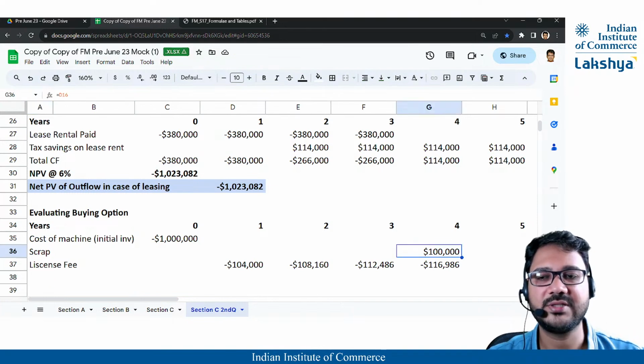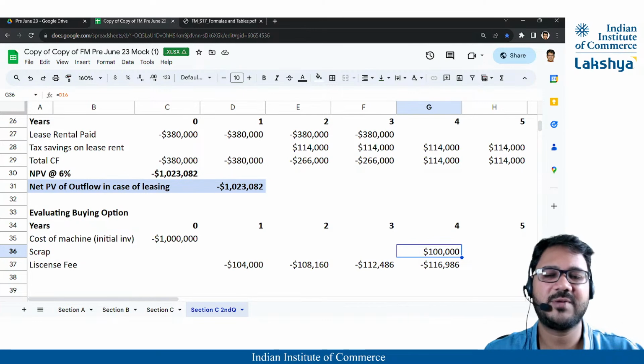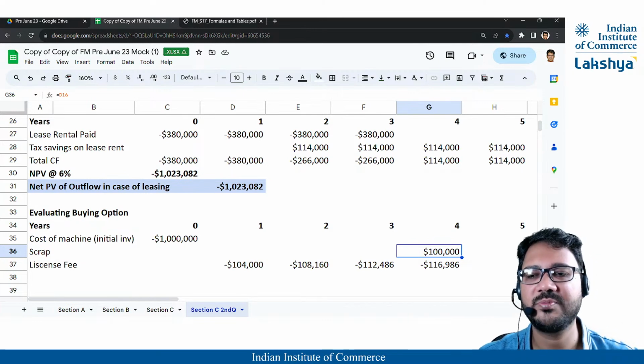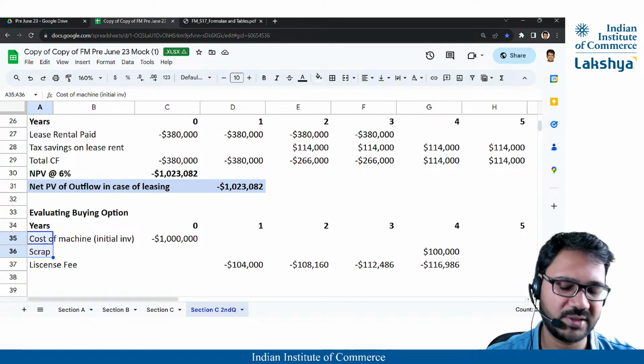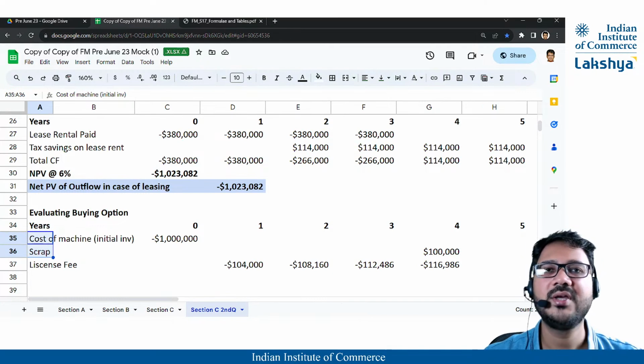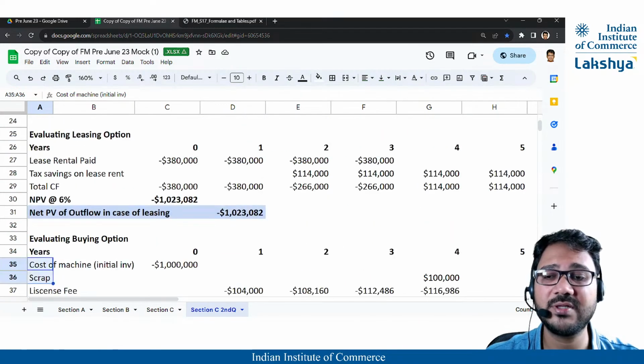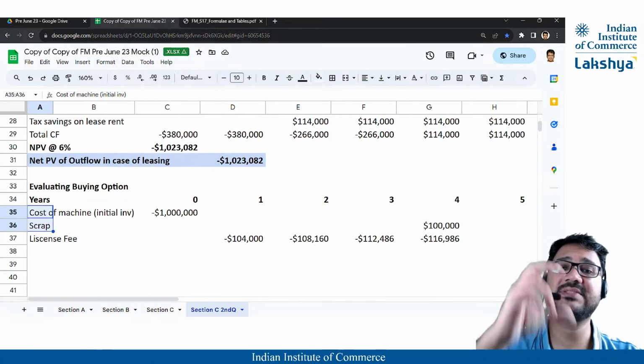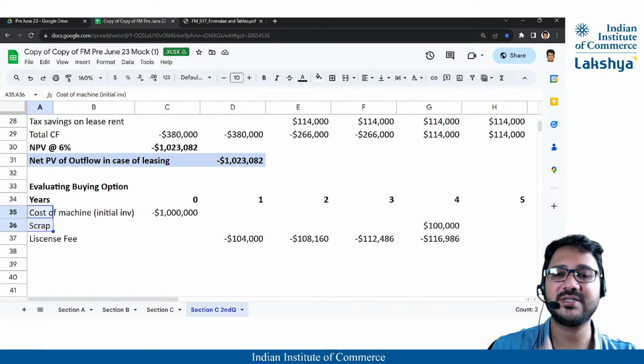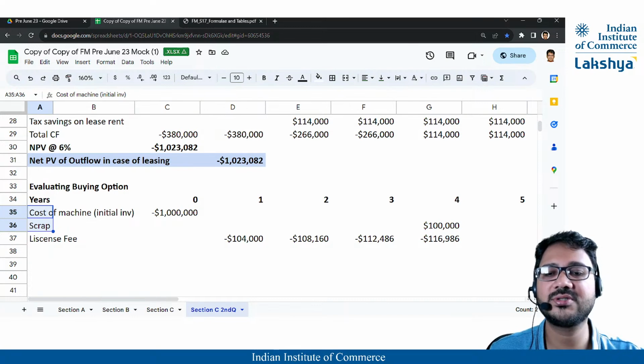So that will remain positive. Usually we write scrap at the bottom for tax purposes. Even initial investment we write at the bottom after tax. But here, since we are not calculating taxes on profits, we can consider them on top also, as and when the information came. Otherwise, remember in the exam, first it should be sales minus variable cost minus fixed cost, which will give you contribution.